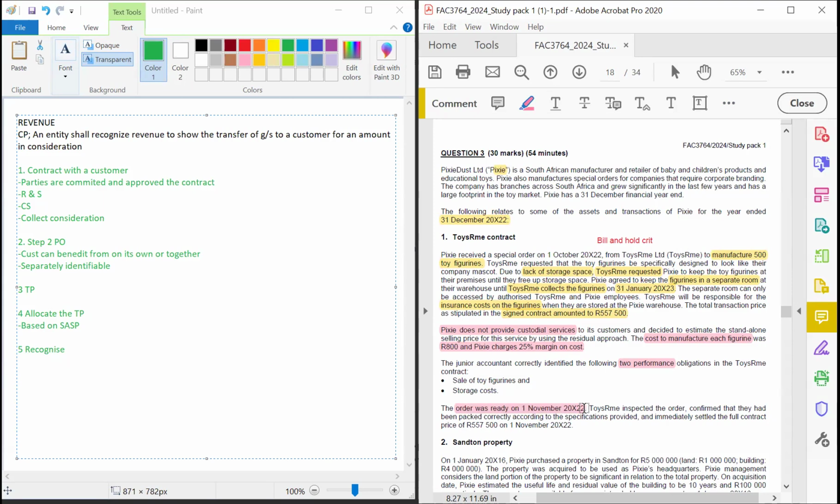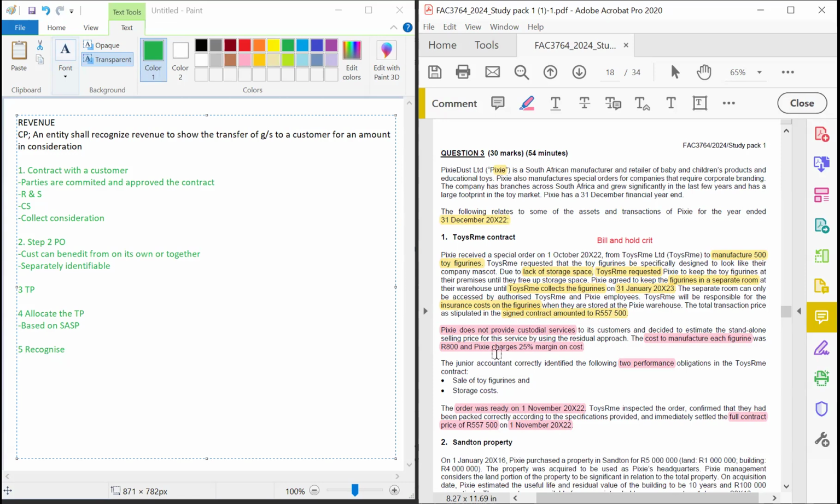Treasury inspected the order, confirmed that they had been packed correctly according to the specifications provided, and immediately settled the full contract price of 557,500 on the 1st of November 2022. So this part essentially tells us that the bill and hold criteria is successfully being met because we are holding stock that belongs to the customer as they had already settled this transaction, right?